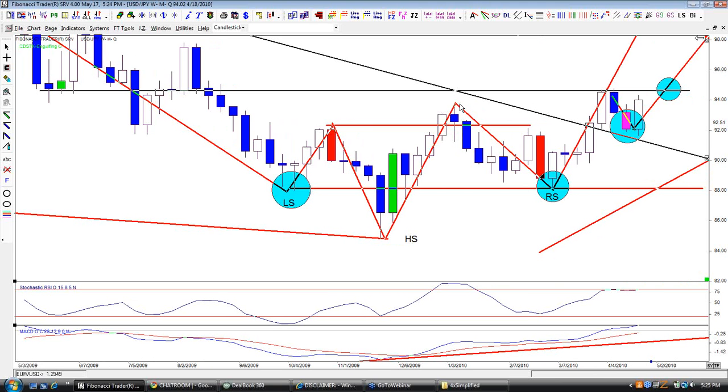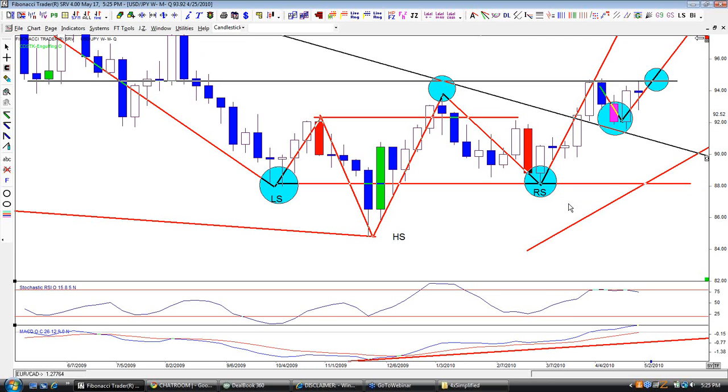And this leg from the top that took the previous high to the right shoulder on a 1 hour chart, how this leg will look like a downtrend. So what kind of pattern would we look for on a 1 hour time frame in a downtrend to converge with this level?